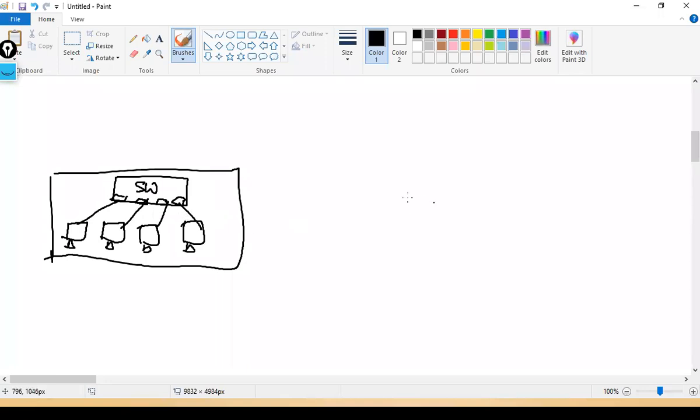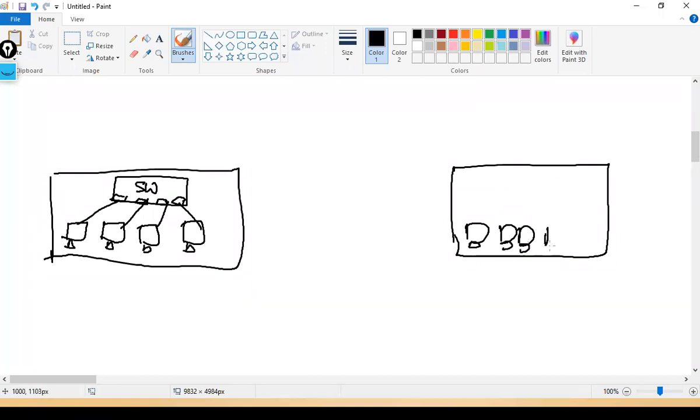Now suppose we have another classroom with another set of computers. To interconnect those computers, you will again connect them to another switch. So this is our CCNA classroom, and suppose that is the CCNP classroom.